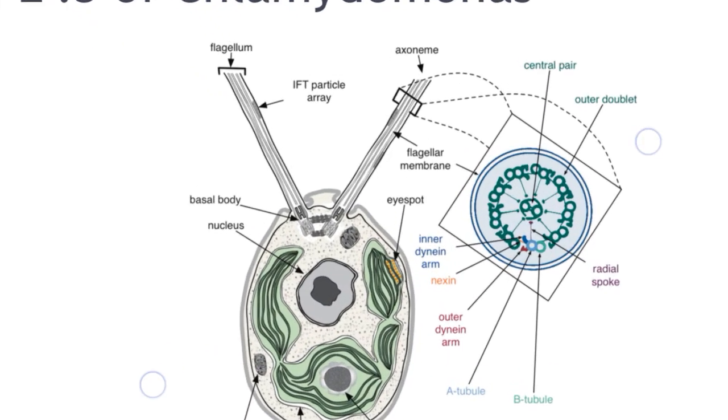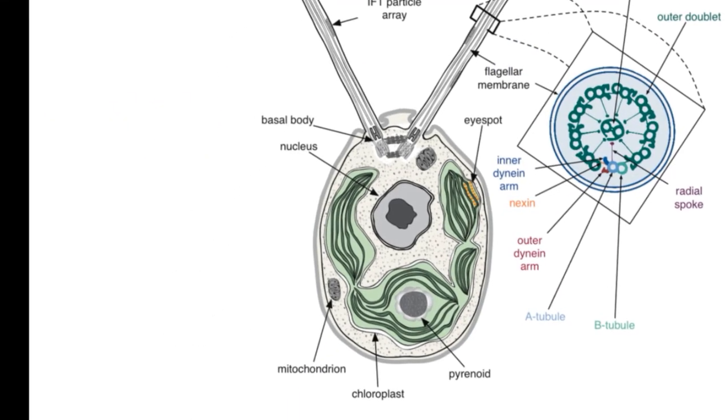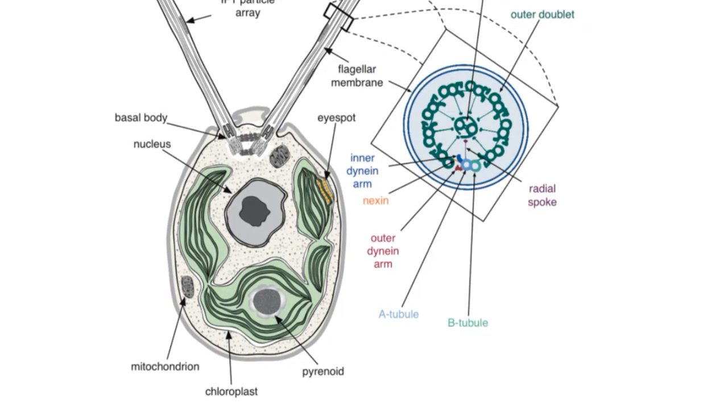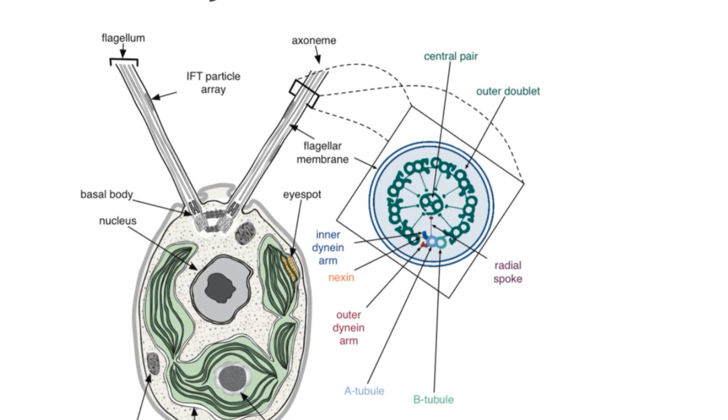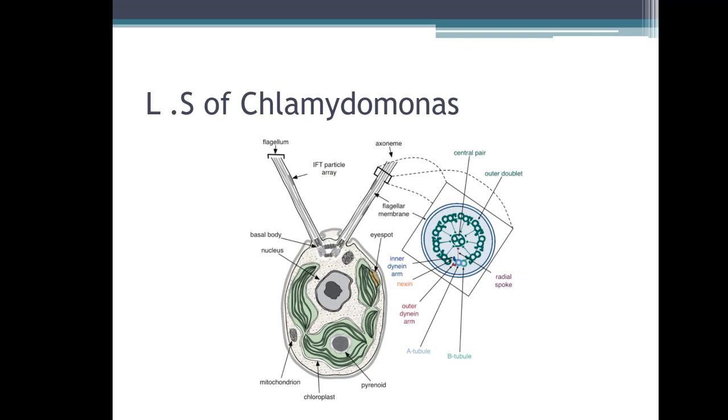There is a centrally located nucleus and chloroplasts surround that nucleus. Mainly our intention with this LS is to show the internal structure of the flagella. It is biflagellated, the flagella originate from the basal body, and the flagella have a 9 plus 2 structure.